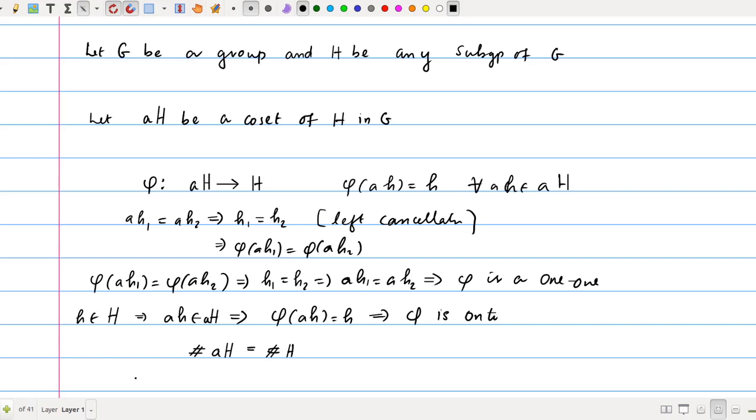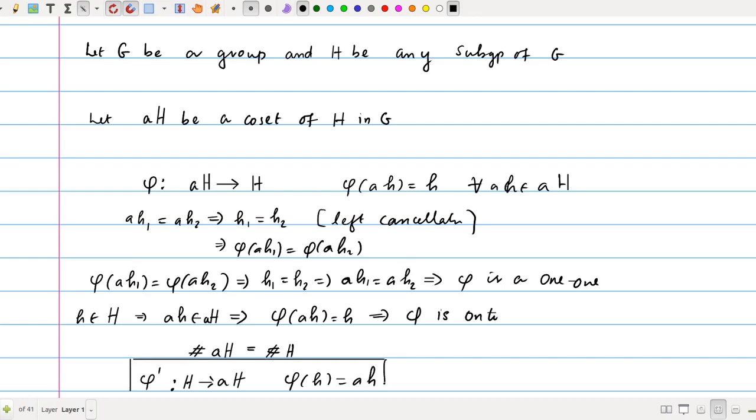In a similar fashion you can work with another function, say phi prime, from Ha to H, and the corresponding map will be phi prime of ha equal to h. This will also work at this place.